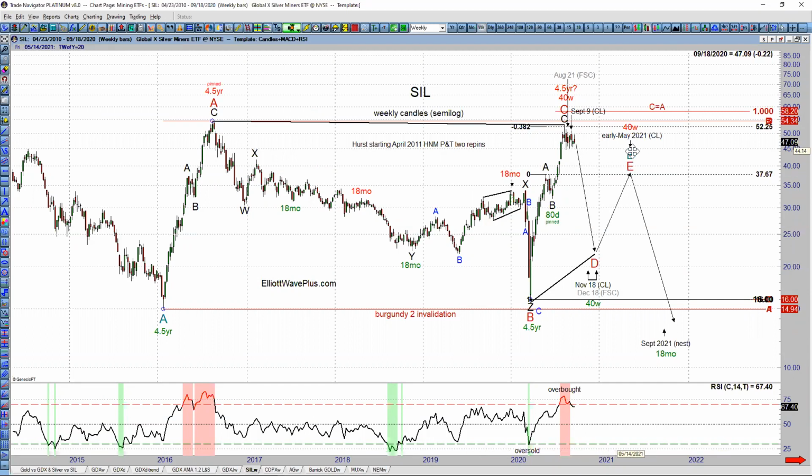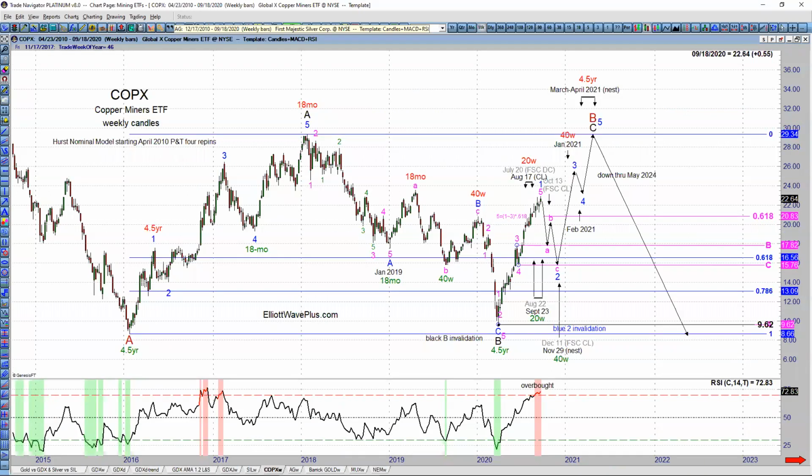I do think that starting in the middle of next year, a lot of these metals may possibly move into a strong move to the upside. So I'm still sticking with that based on what I see in the US dollar index.